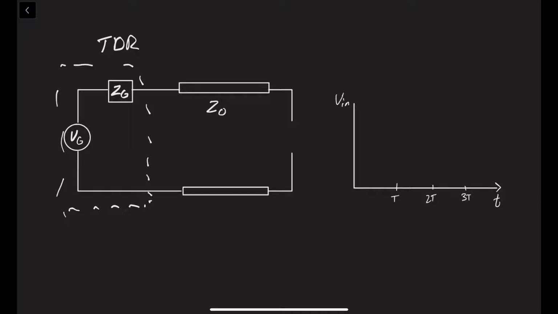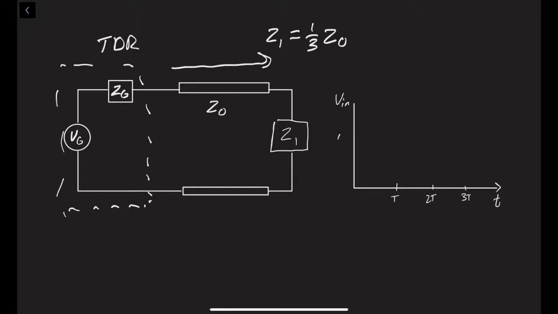Let's take a look at our first example, and let's say that our load will be some impedance Z1, and that Z1 will be equal to 1/3 Z0. Since ZG and Z0 are matched, the initial wave that will propagate down the transmission line will be a voltage divider between ZG and Z0.